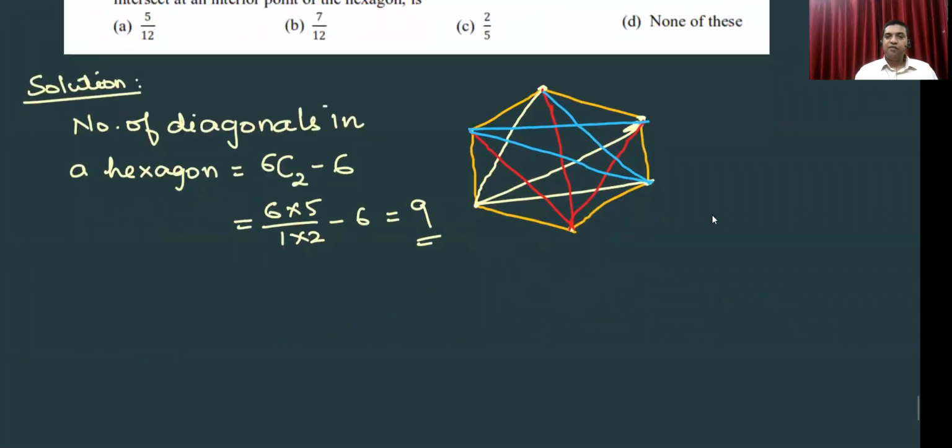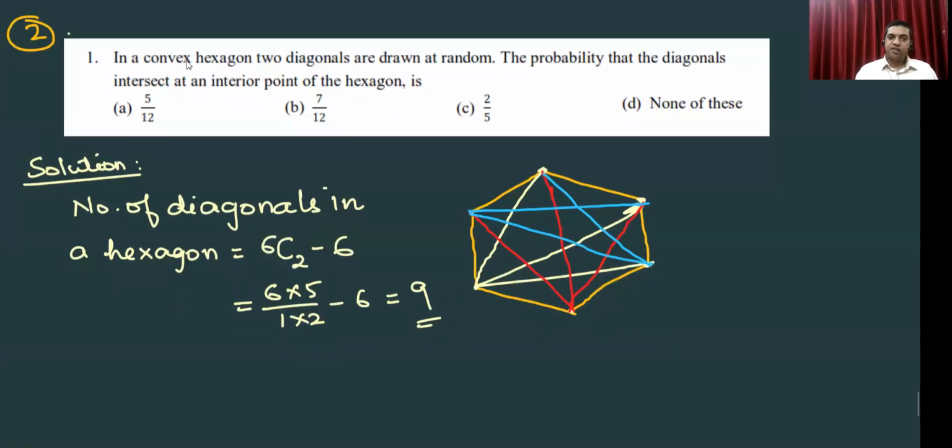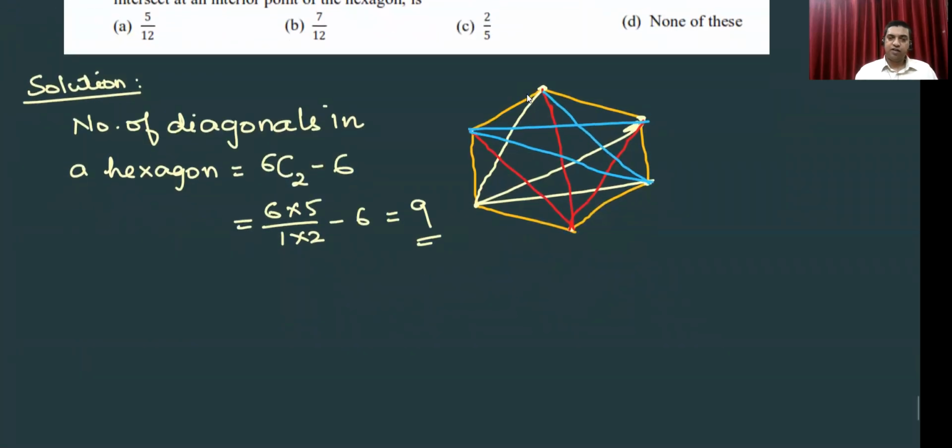Now we have to select two diagonals in a convex hexagon. Two diagonals are drawn at random. So out of the 9, any two you will draw. In how many ways can you draw?